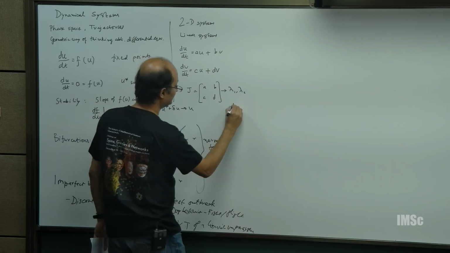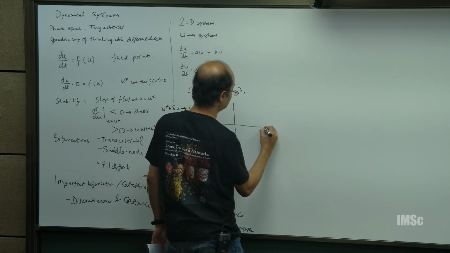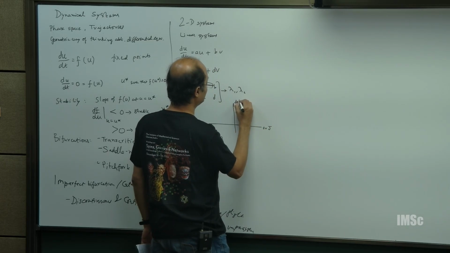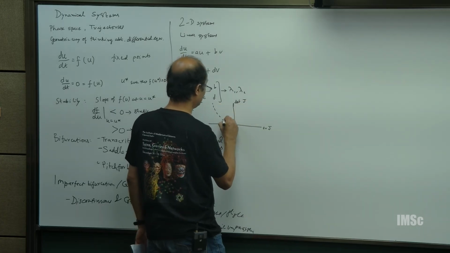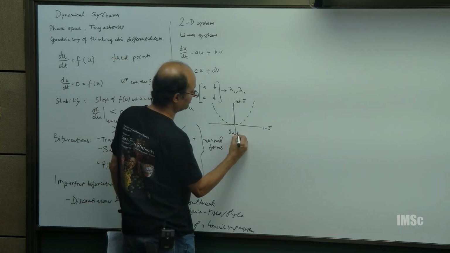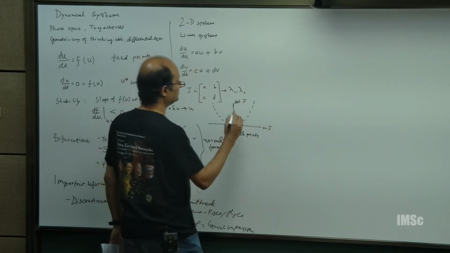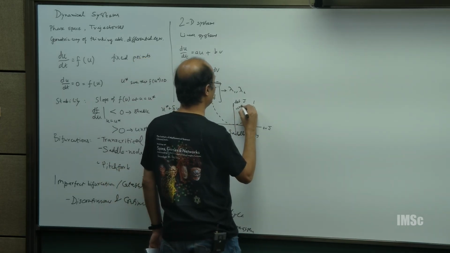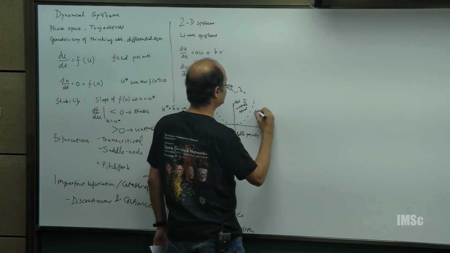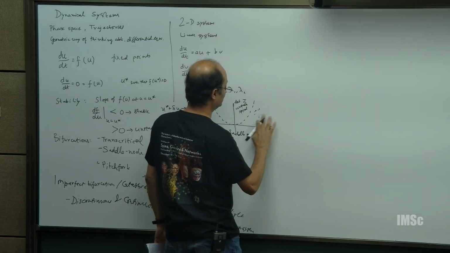We saw that by looking at the trace of this matrix and the determinant of this matrix, you can figure out that these will be saddle points, these would be unstable spirals, this would be an unstable node, sorry, what am I saying.